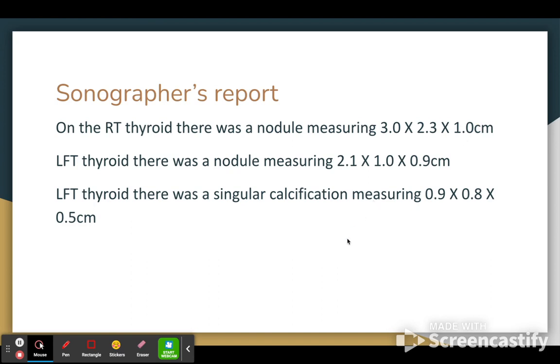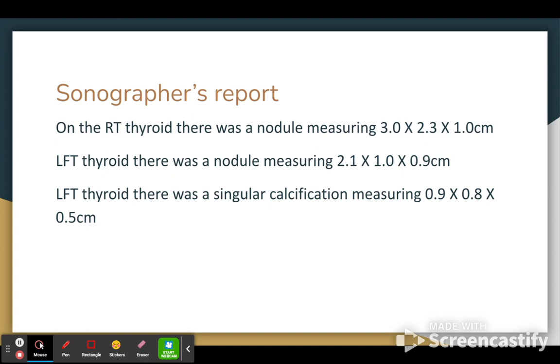So the sonographer's report, what I wrote: on the right thyroid, there was a nodule measuring 3, 2.3, and 1 centimeter. That's the one that they knew about. So I just documented that. And then on the left, there was also a nodule 2.1, 1.0, and 0.9. They knew about that one as well.